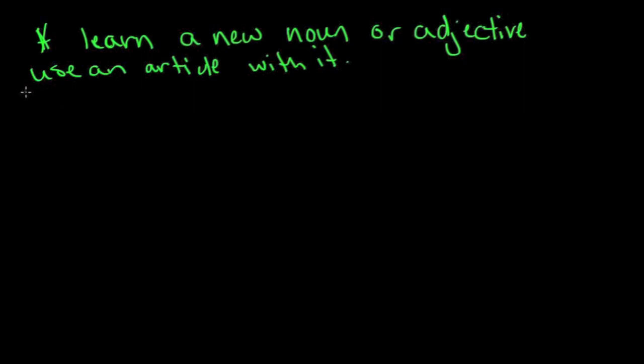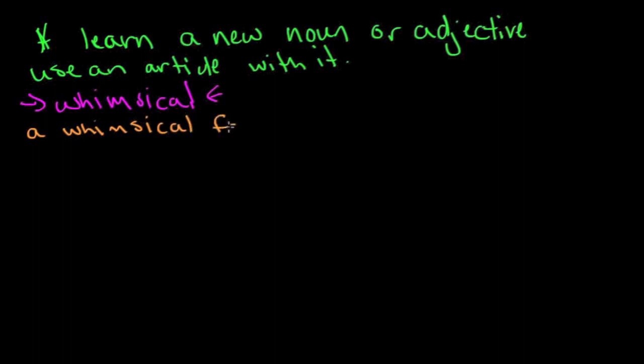Let me give you an example. For example, if today you learned the new adjective whimsical, rather than just writing whimsical in your notebook, write a whimsical fairy. So make sure to include a with it.